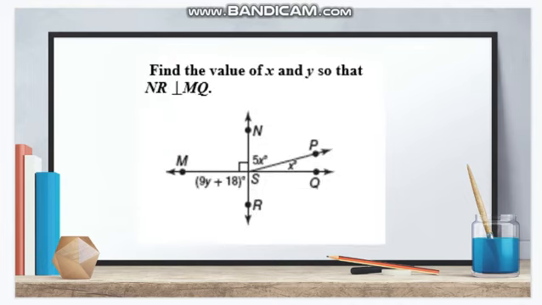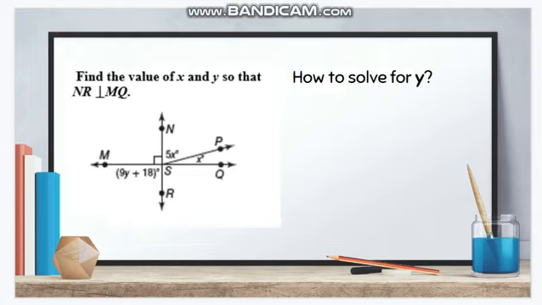And then looking down at the bottom of this page, we want to find x and y so that NR is perpendicular to MQ. The first thing we want to do here is solve for y. We know that this angle right here, MSR, is going to be 90 degrees.